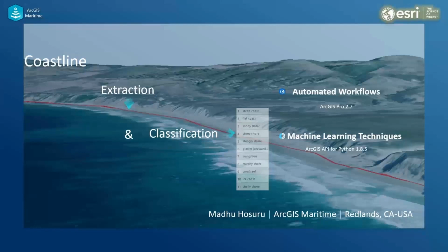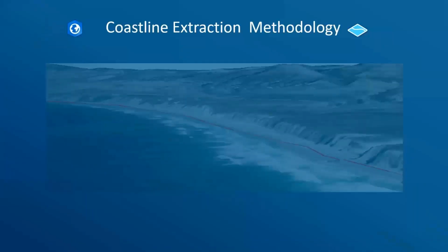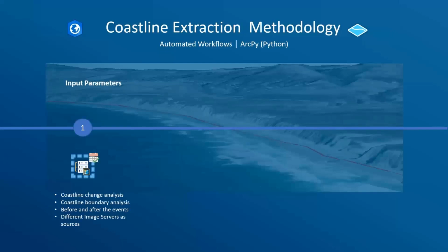And I would like to take you guys to the first part of this presentation, that is coastline extraction methodology. These automated workflows are developed using ArcPy, using Python. And the components of this automated workflow are, the first component is input parameters.